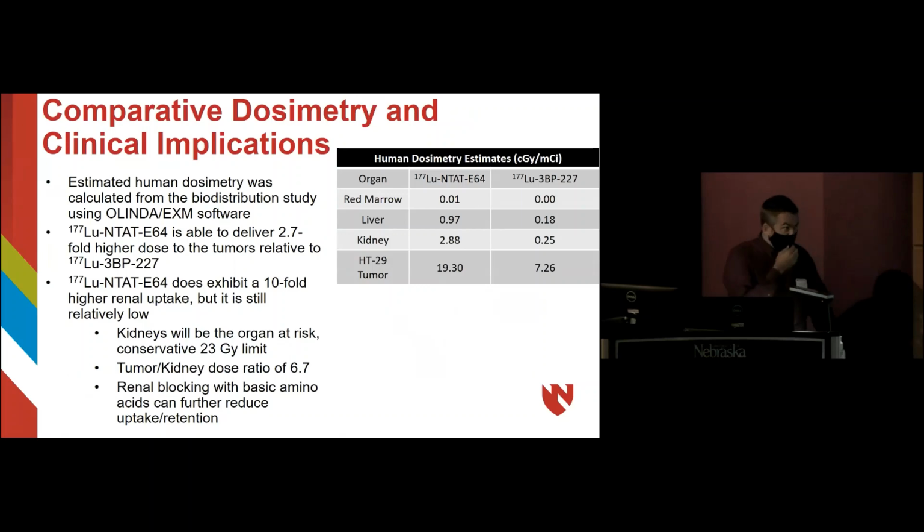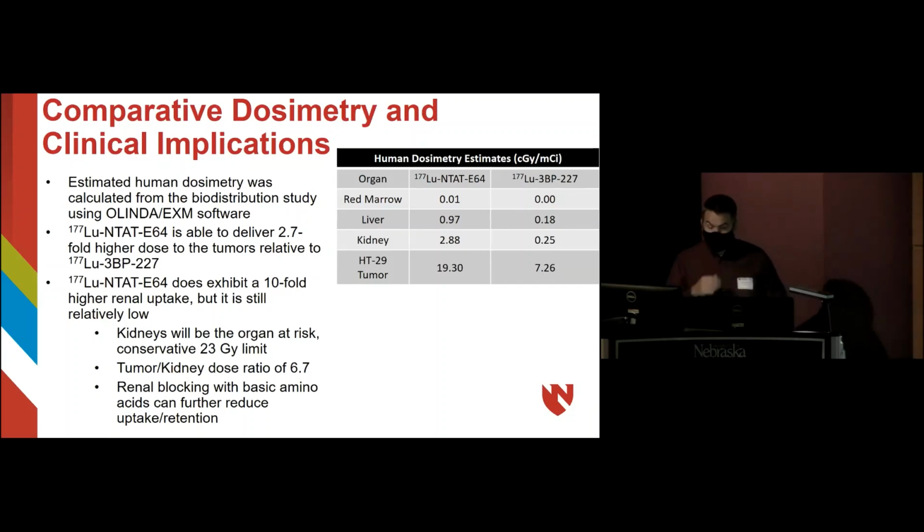So with the help of Dr. Megan Hun from the University Department of Radiation Oncology, we did human dosimetry estimates using a Lambda EXM. We found that NTAT was able to deliver a 2.7-fold higher dose, so 19.30 centigray per millicurie, relative to the 3BP, which is 7.26.